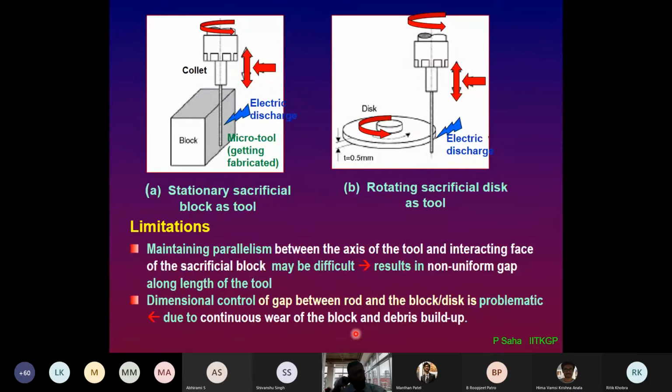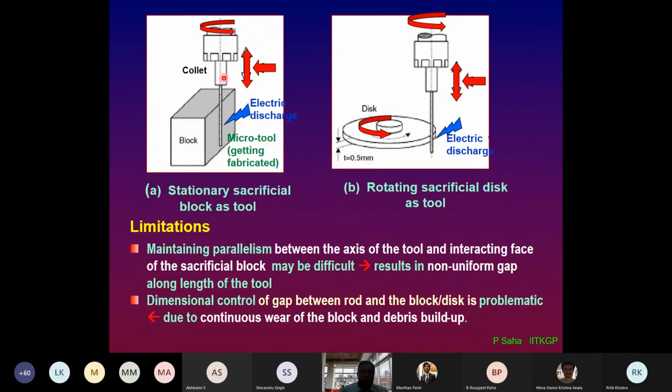So first thing, see, this figure is not complete. This is part of a micro EDM setup. Otherwise, the tool is this thin wire kind of straight rod. We will make the micro tool out of this in steps.